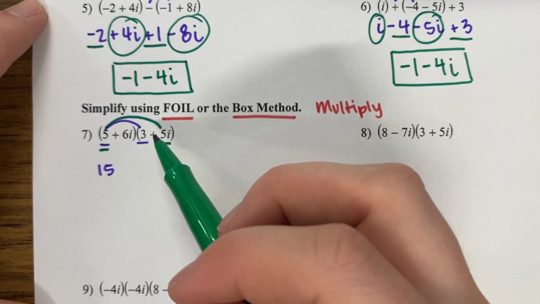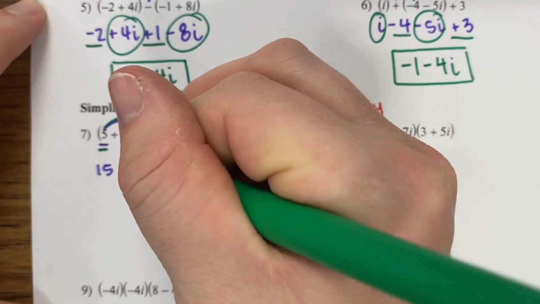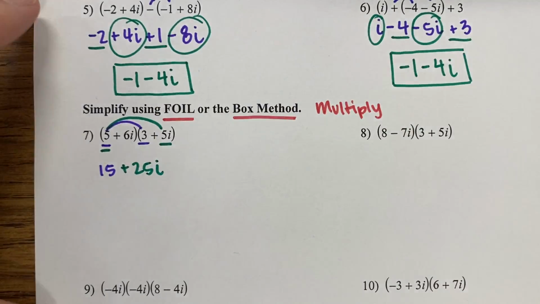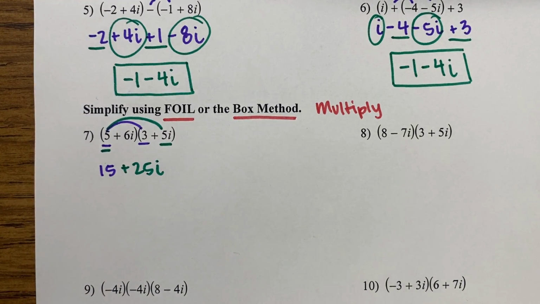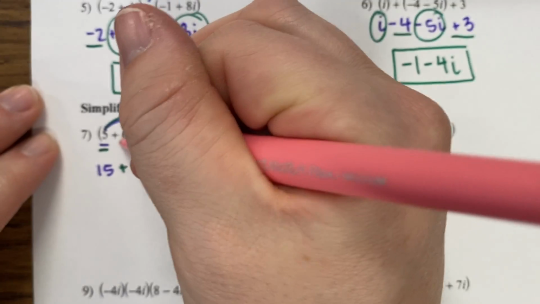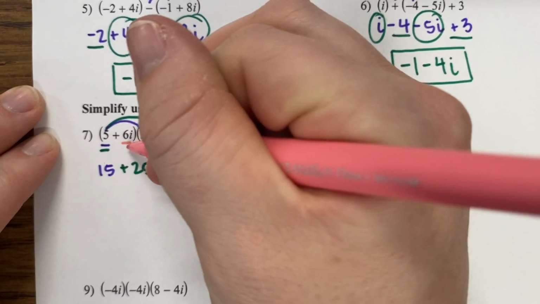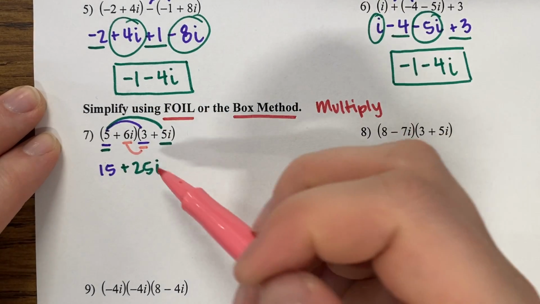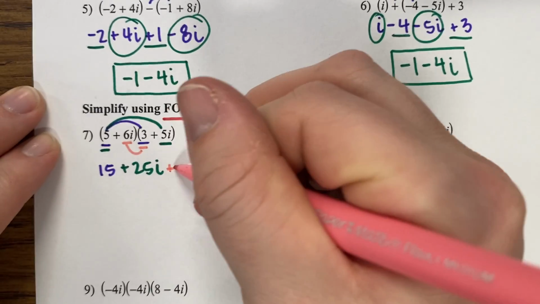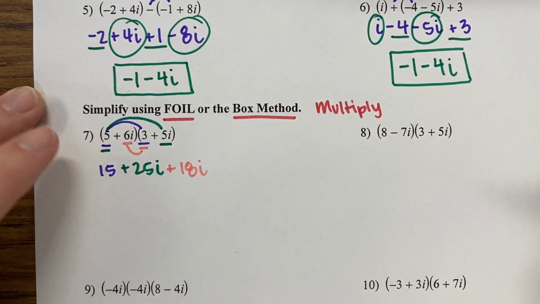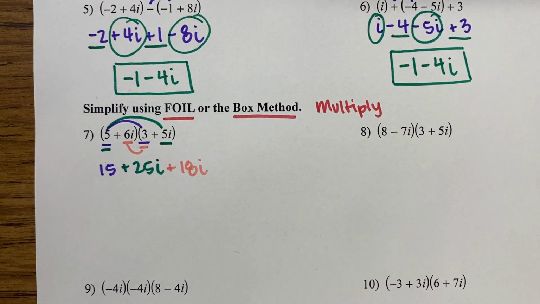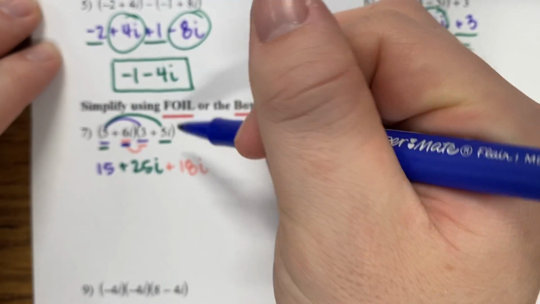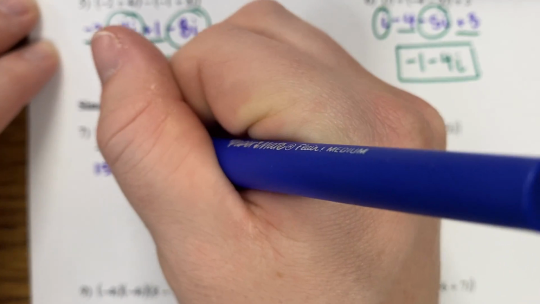So 5 times 5i, positive 25i. Then we have I for inside. Well, my inside terms are 6i times 3, positive 18i.